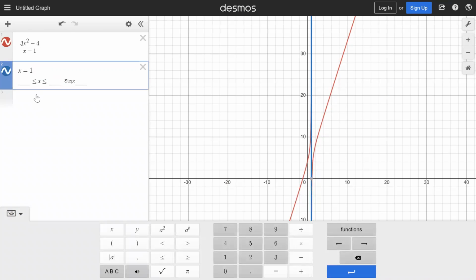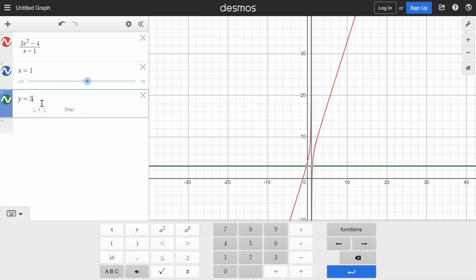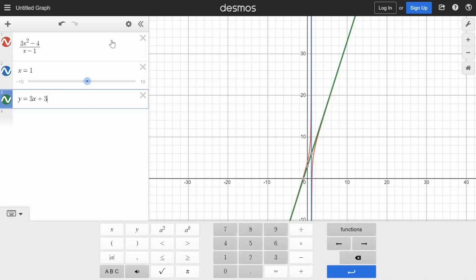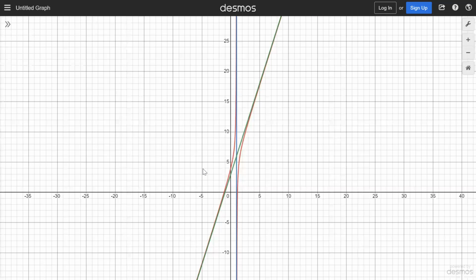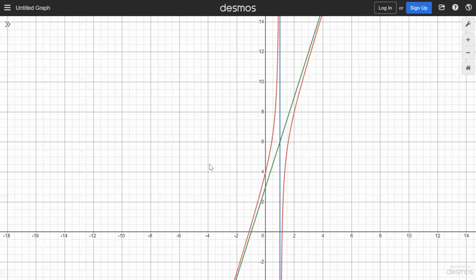Okay, so this was our vertical asymptote, and then we had 3x plus 3 as our oblique asymptote. So the graph in red is the actual graph. And then just to show you what those lines would look like. So you can kind of see that's your x-intercept on the negative side.